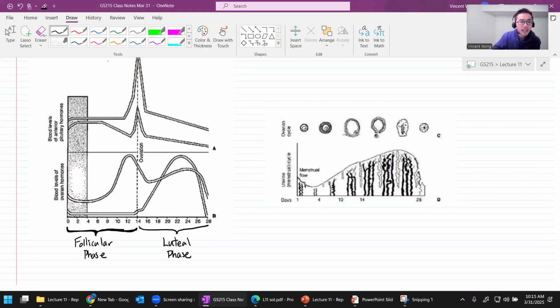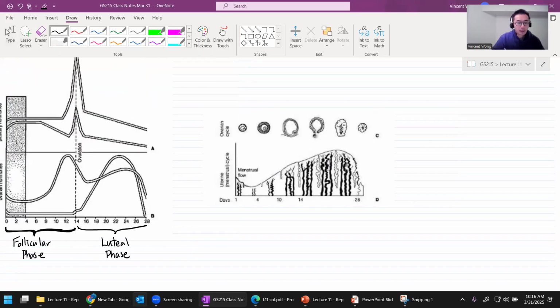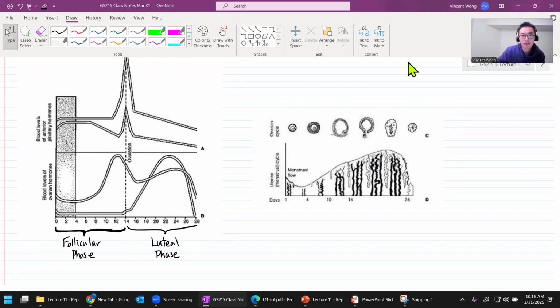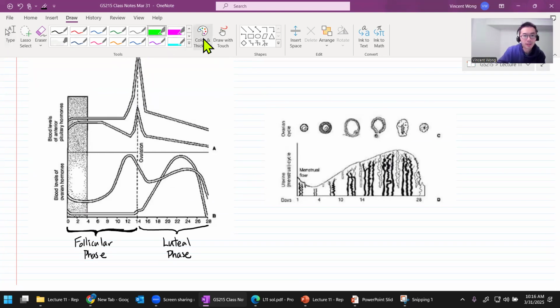And so at the beginning, you're going to have this right here. I figured out how to fix this problem without having to restart. There we go. So this graph right here, there are some ups and downs. Don't worry too much about what goes up and what goes down necessarily, just focus on the big picture here.